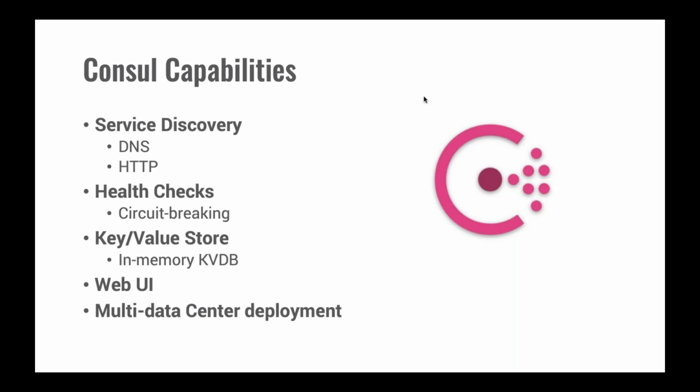And Consul comes with a very minimalistic yet powerful web UI, and it lets you configure a lot of things interactively. And as I mentioned, it's a multi-data center deployment platform. You can run it on one machine or a set of machines or a data center or even multiple data centers. And in the context of public cloud, it could be a multi-region, multi-zone kind of a deployment.